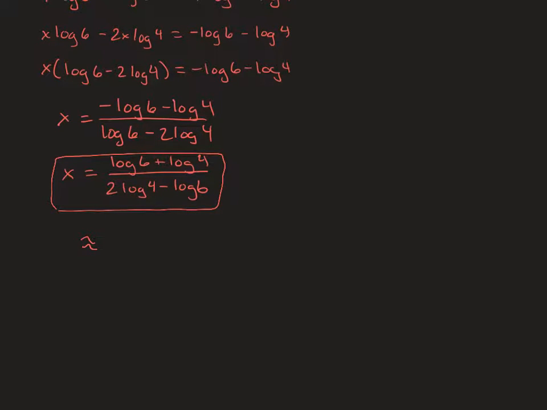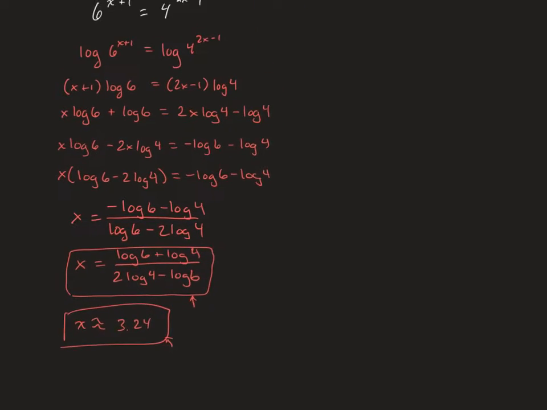I'm going to quickly take out my calculator and type in, and they're all base 10, so it's just log of 6 plus log 4 over 2 log 4 minus log 6. I hit enter, and I get that this is approximately 3.24. So if I want an exact answer, this is sufficient, although like I said, we can write it as a single logarithm. If I want an approximation, I would do it this way.